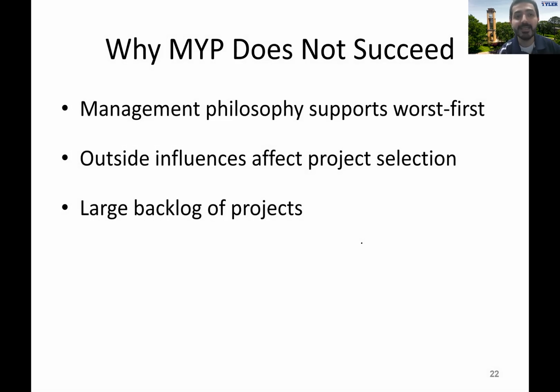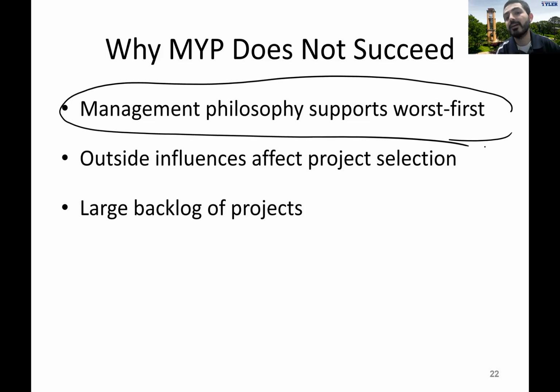Sometimes, though, the multi-year prioritization doesn't really succeed. It might be outside our engineering judgment. As I'm putting here, the very first of the common reasons is that the management philosophy supports the worst first. And if you're really following the old school, you would be a big fan of the single year ranking.